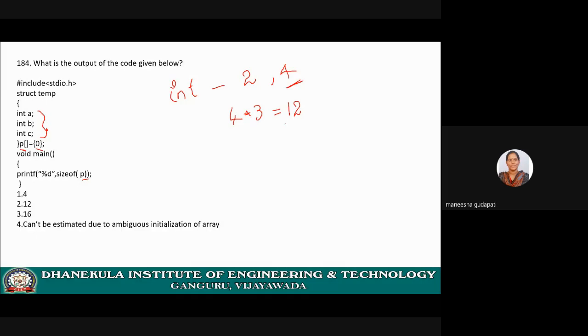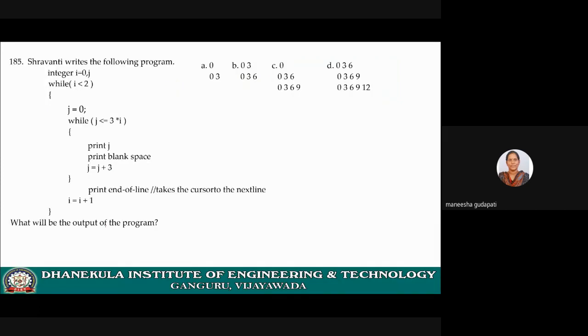How much space does this structure occupy? It occupies 12 bytes. So option B is correct, that means 12 is correct. Next, moving on to the next question. Any doubts, ma'am?